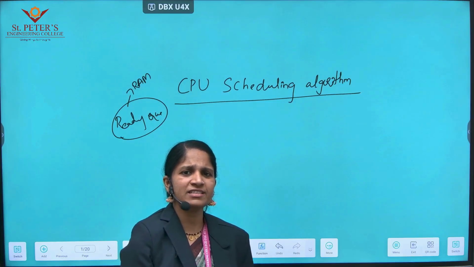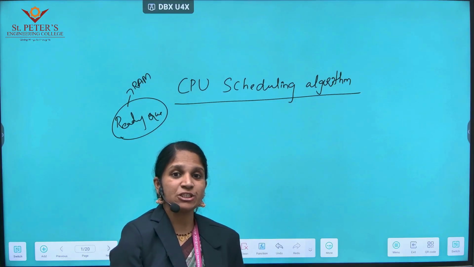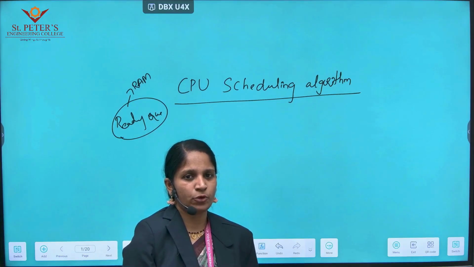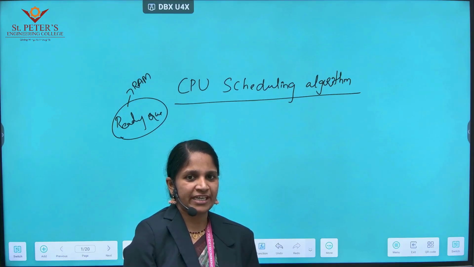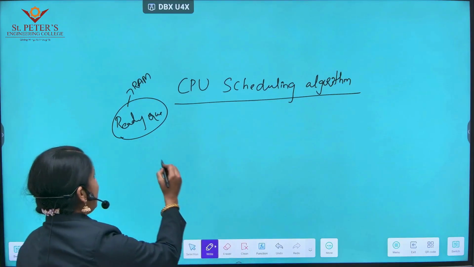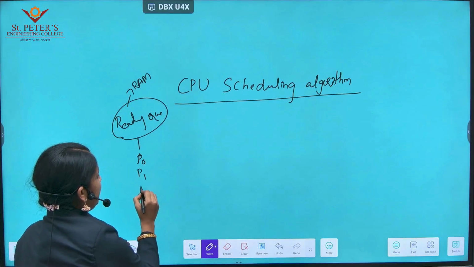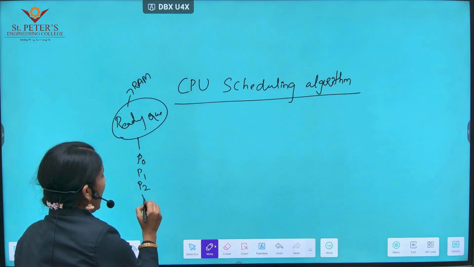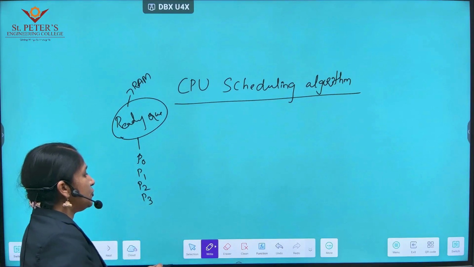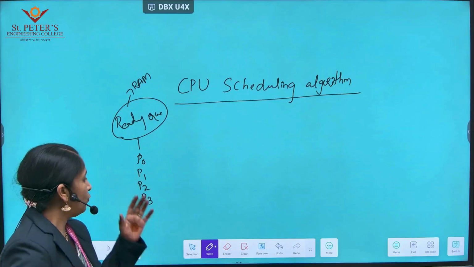So how will the CPU execute all those multiple programs, on which basis will they be executed? Here in the ready queue we have, for example, P0, P1, P2 and P3. So we have 4 processes now. How will the CPU execute these 4 processes?